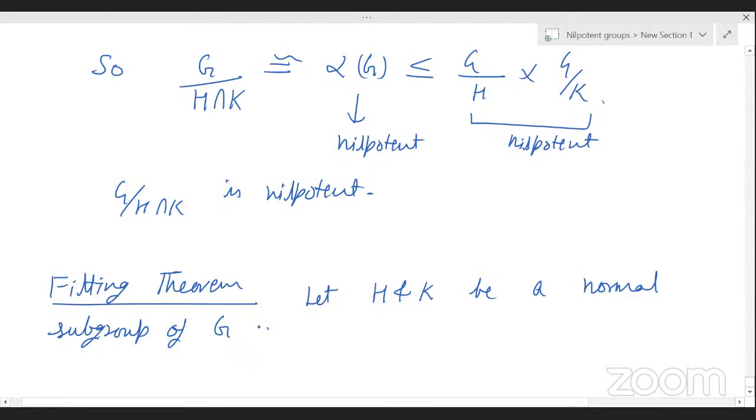So H and K are normal subgroups of G of class alpha and beta respectively.